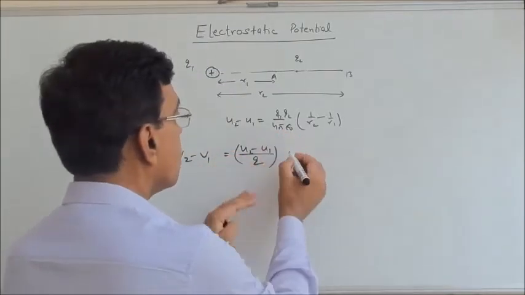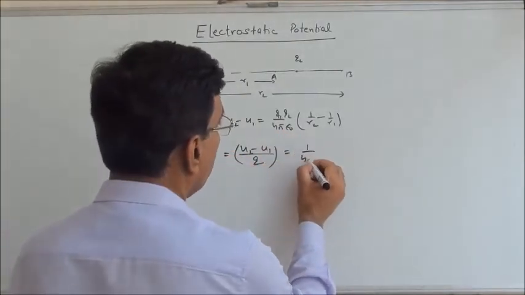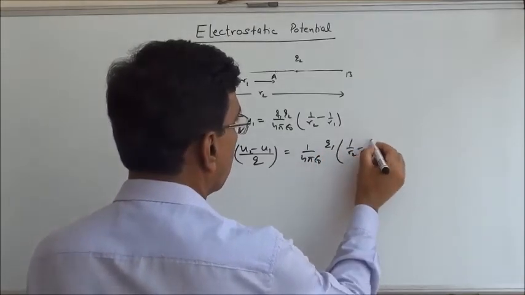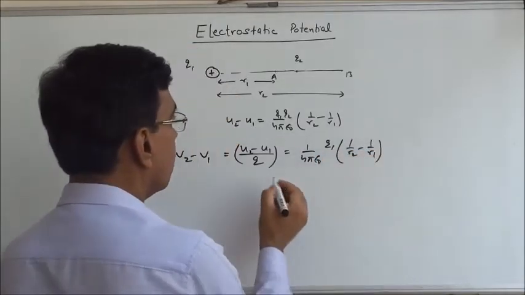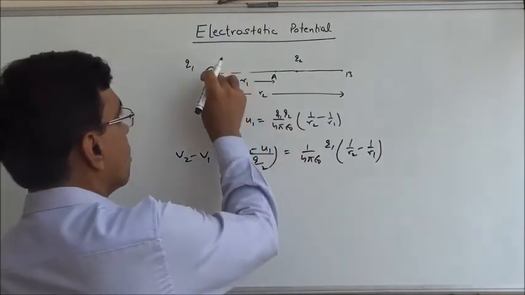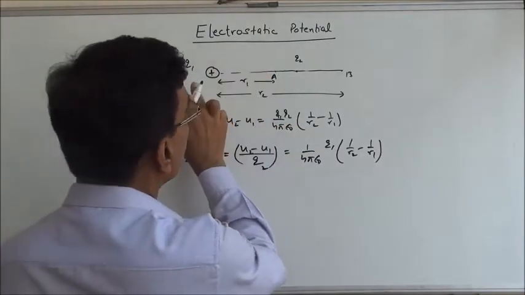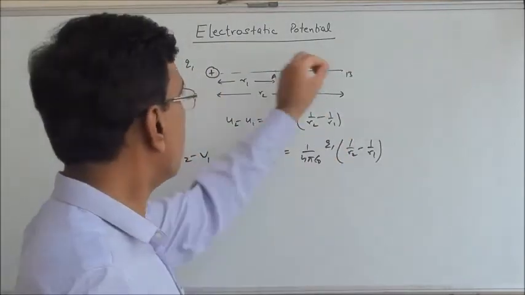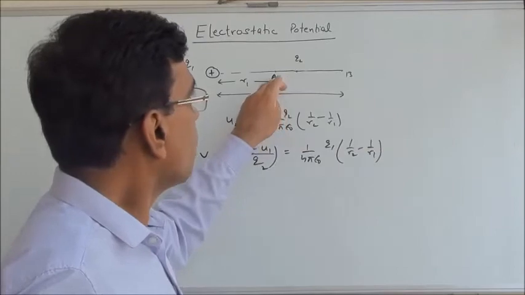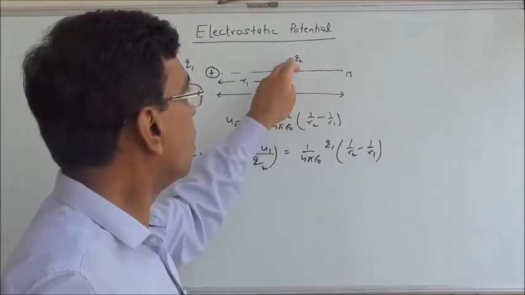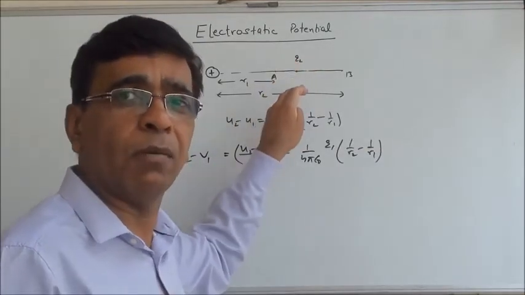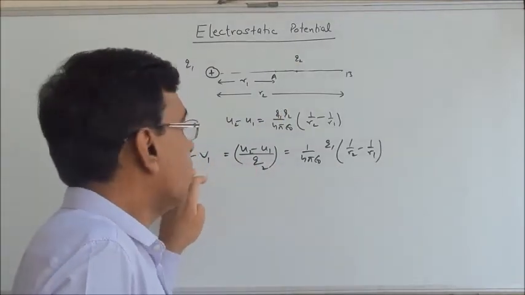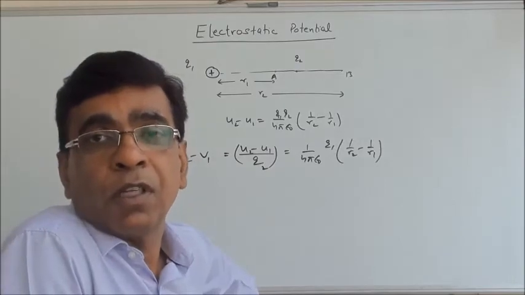So for this it will be 1 by 4 pi epsilon naught Q1, 1 by R2 minus 1 by R1. So if I am taking Q1 as a fixed charge and Q2 as a test charge, I am moving it from point A to B. So I calculate the work done in moving this Q2, the difference in potential energy, and divided by Q2, per unit charge, that gives me the difference in electrostatic potential.